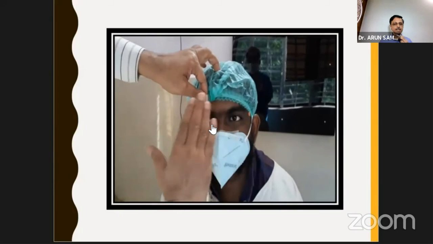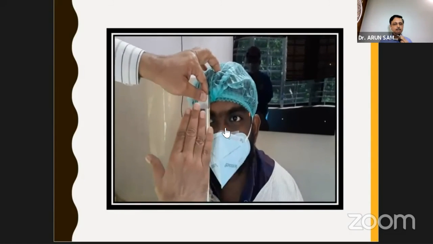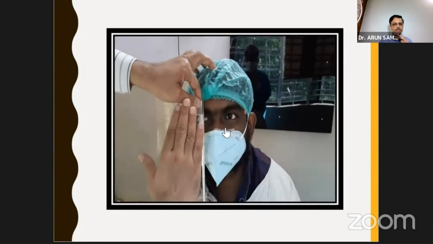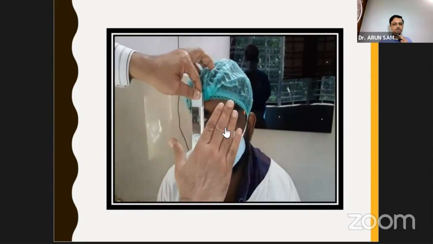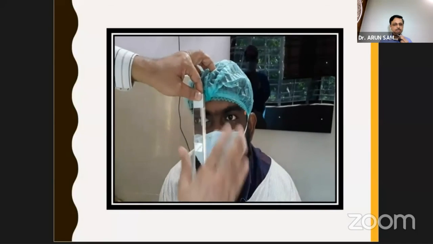You can see that the deviation is neutralized. Here also you can slightly increase the amount of prism to go for the opposite, let's go to iso, and then come back so that you get the accurate measurement of the deviation.